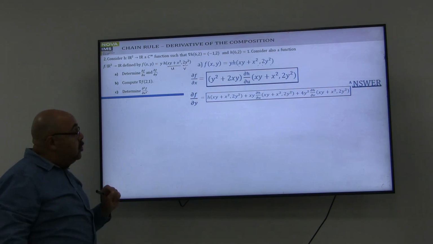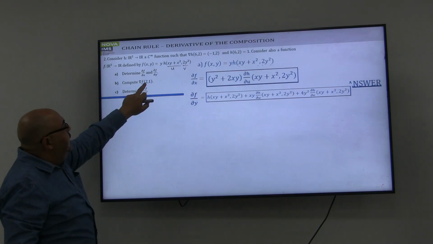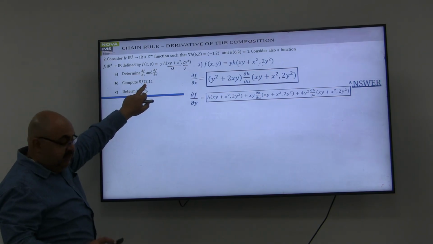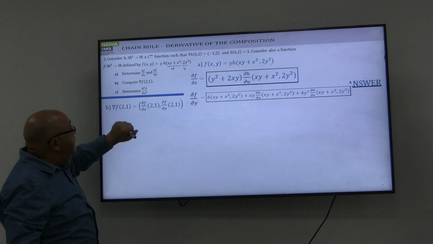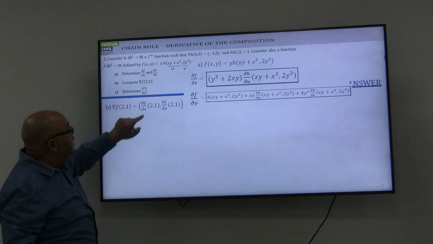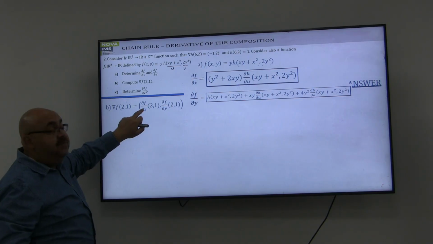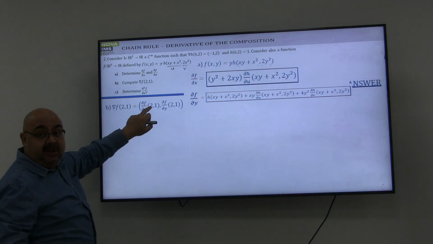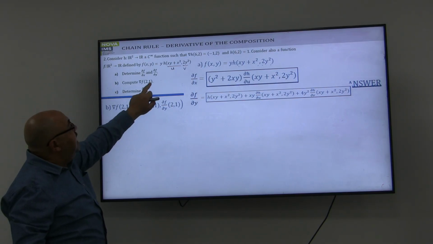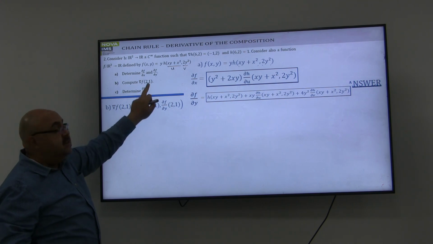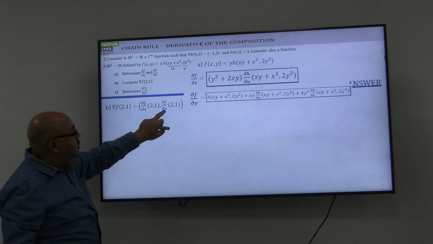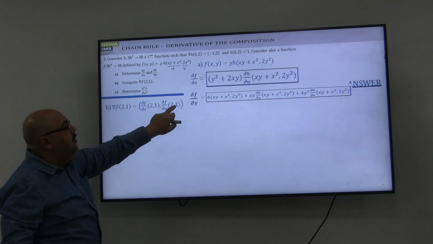Okay? So focus. This means that the first value from the gradient vector is the derivative of f with respect to x at the point 2 and 1. And Karim, exactly right. The second component, which is the derivative of f with respect to y at 2 and 1.